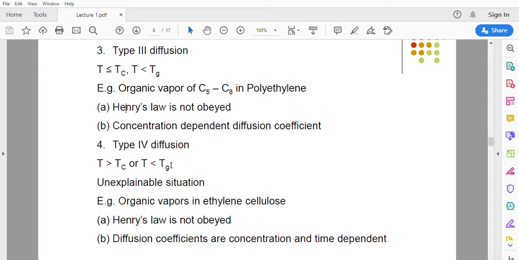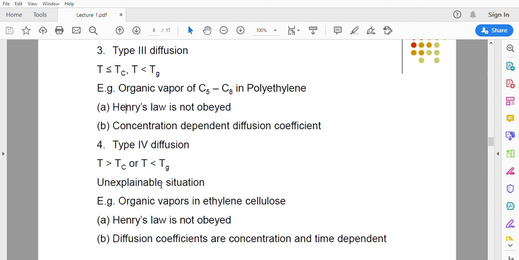Your membrane is stiff. For example, if you want to separate methane and ethane, at room temperature they are supercritical vapors. Or you want to separate hydrogen from air, or hydrogen from methane in natural gas.